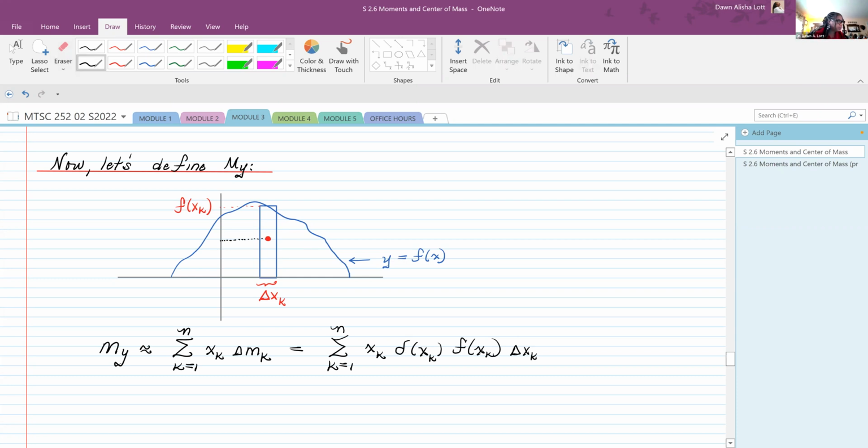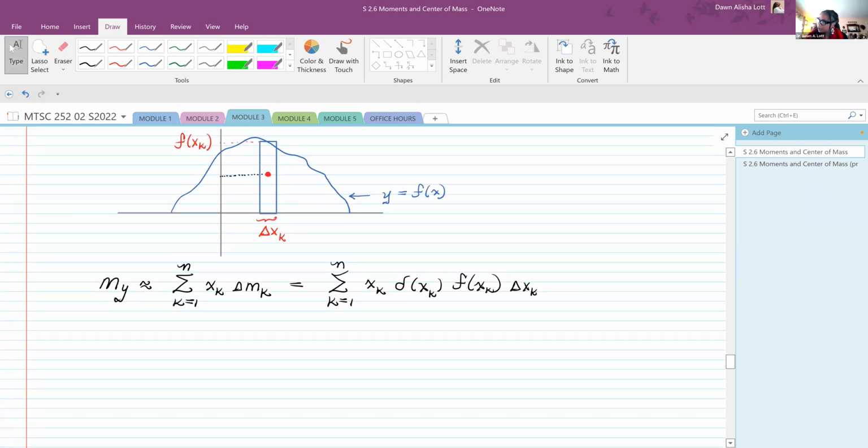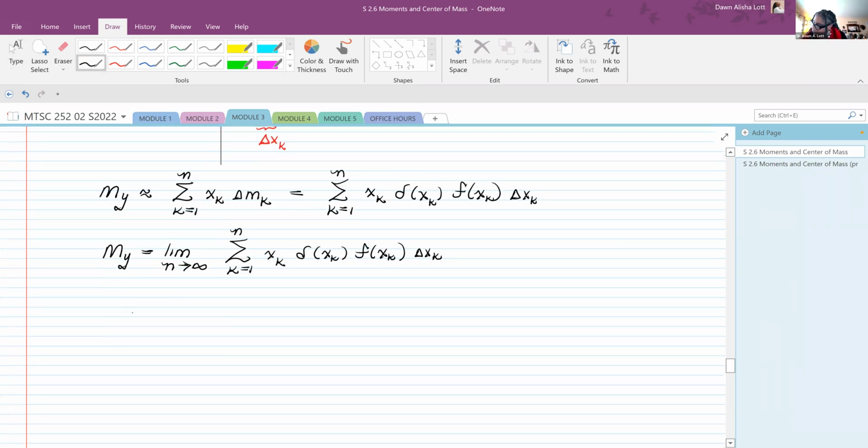So we do the same thing: my is the limit as n goes to infinity of this sum. And so now we found my. My is equal to the integral from a to b of x delta of x times f of x dx.